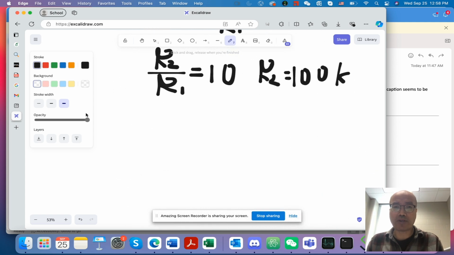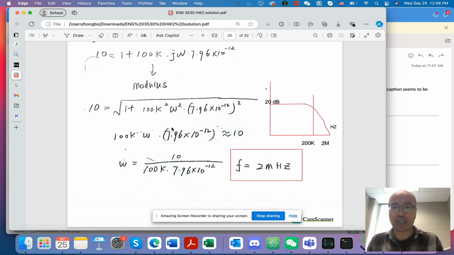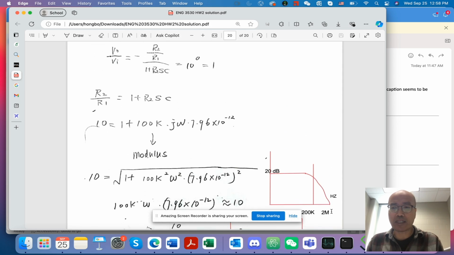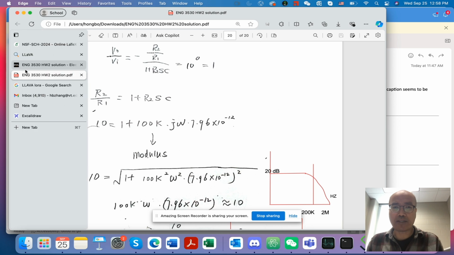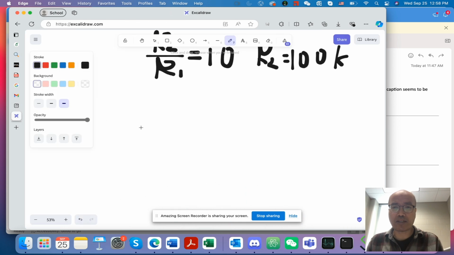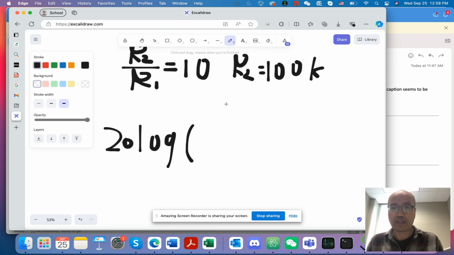Another part asks you for the 0 dB gain frequency. Same thing: you can calculate 20 log, and plug the formula in.